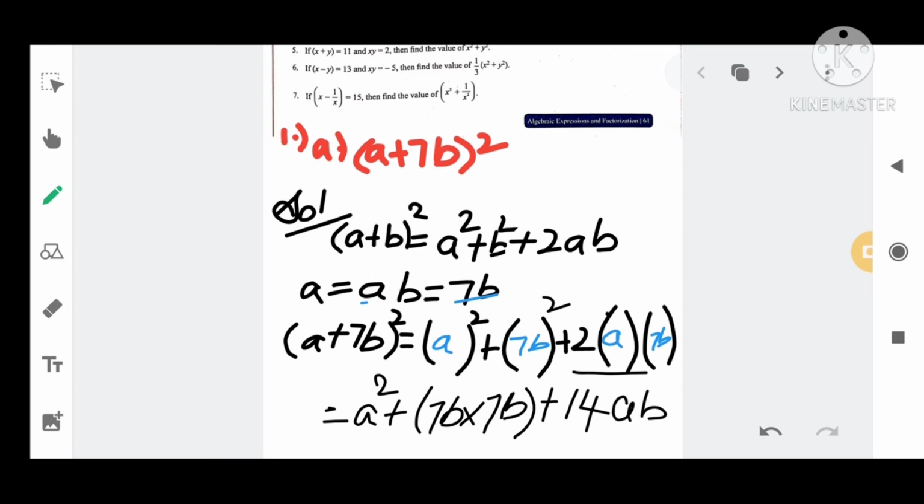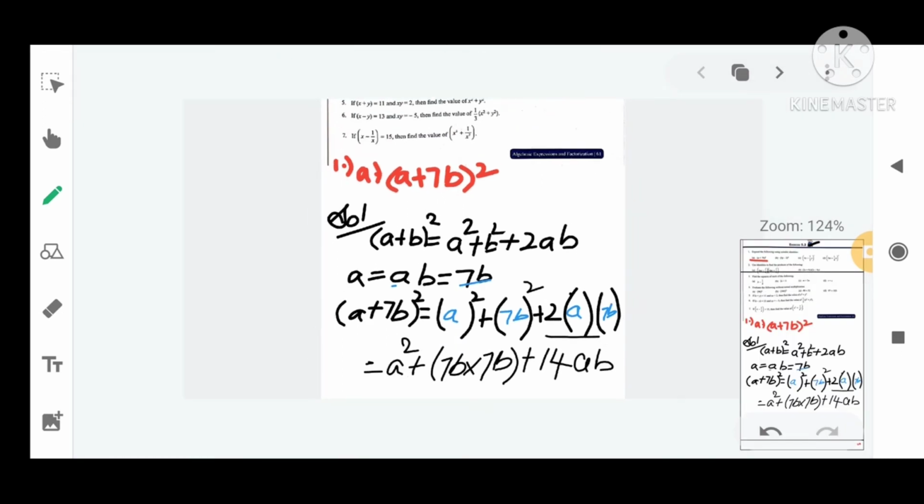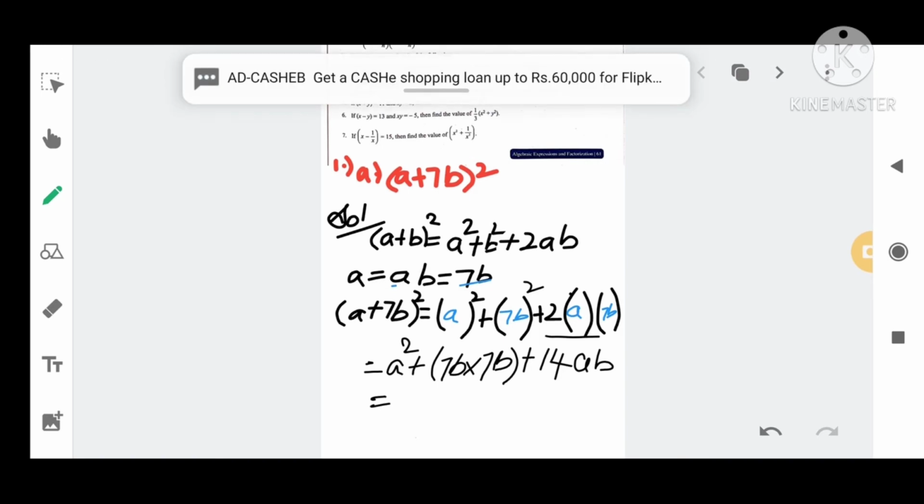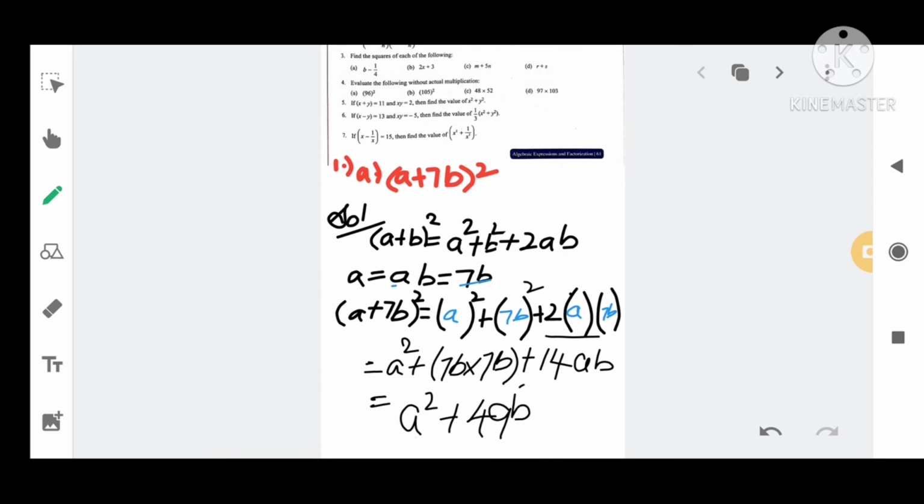Then you multiply 7b into 7b, you get 7 sevens are 49 b square. So what is the final answer? You got it: a square plus 49b square plus 14ab.